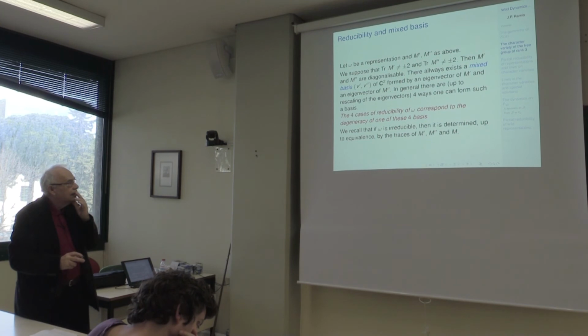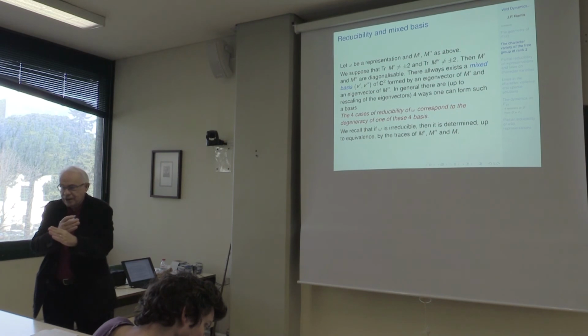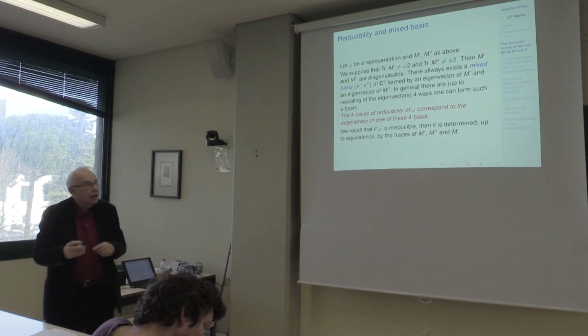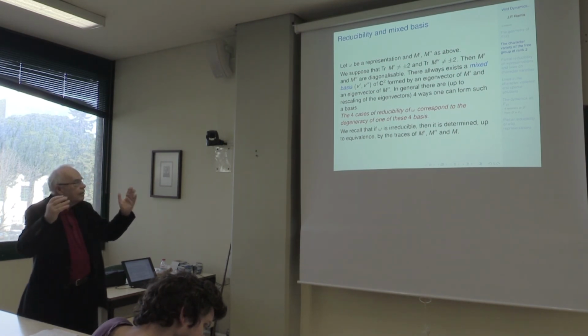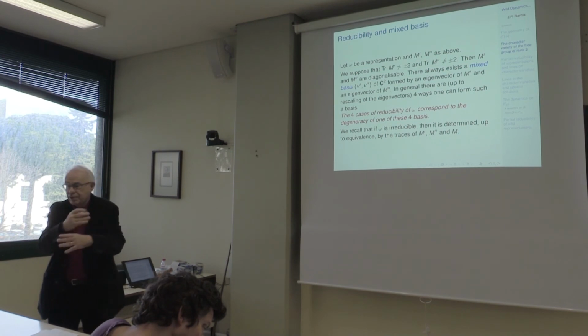So in general, for each singularity you have 2 lines, so you have 4 lines. And you can build mixed bases, using an eigenvector of one of the matrices and an eigenvector of the other.